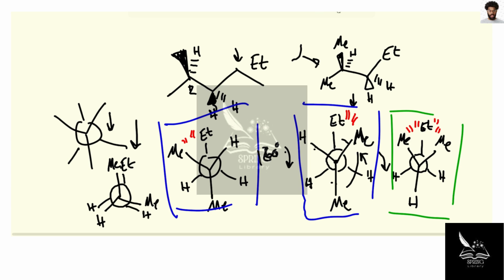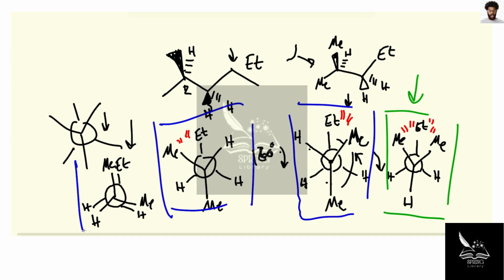So this is the highest energy conformation possible, and this is eclipsing. So this is an eclipsing conformation, whereas these are staggered.